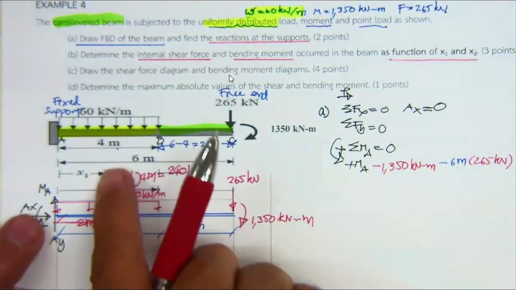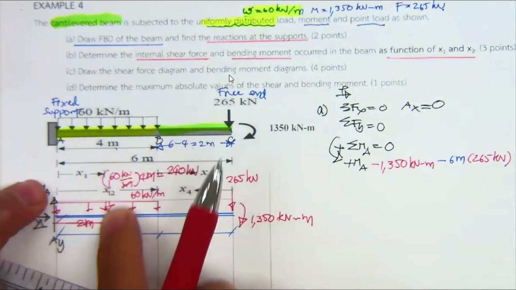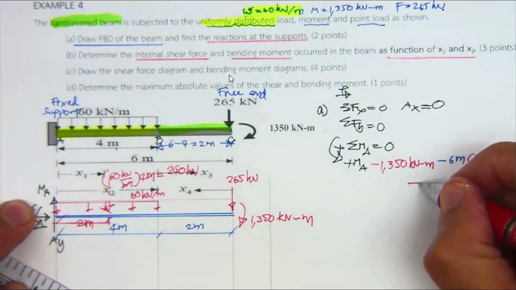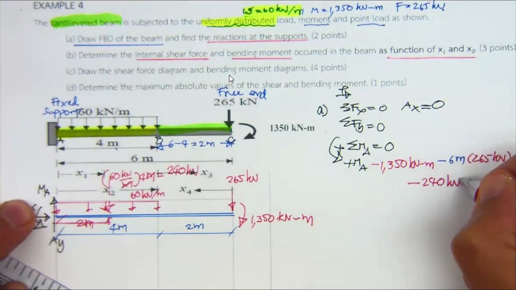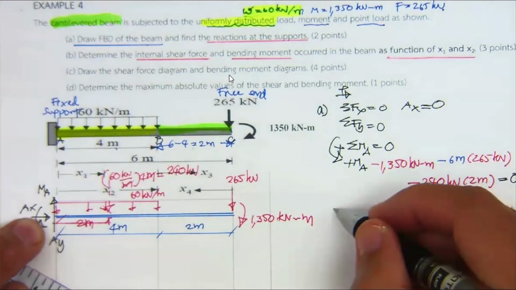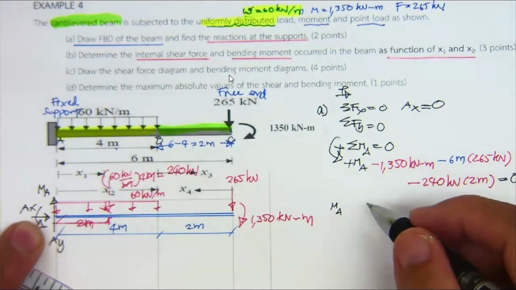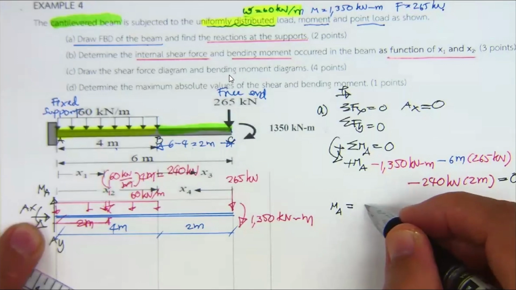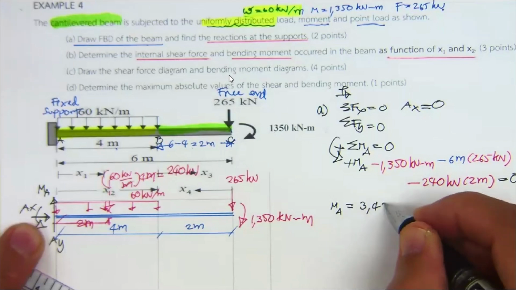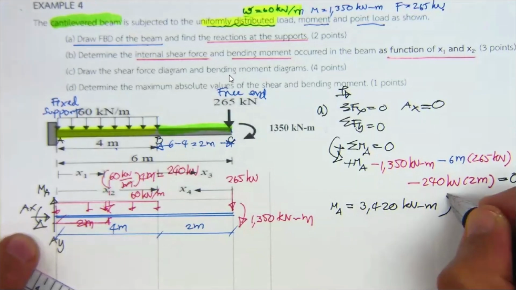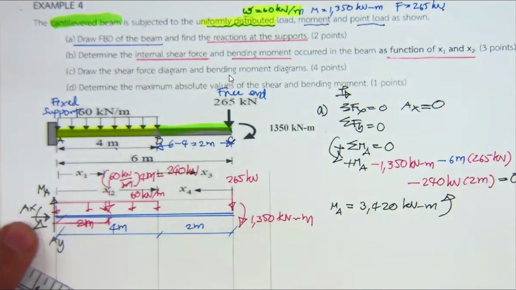Then it's rotated opposite to M sub A, minus 240 kilonewton times 2 meter, and that's going to be 0. So M sub A is going to be 3,420 kilonewton meter in this direction, counterclockwise.